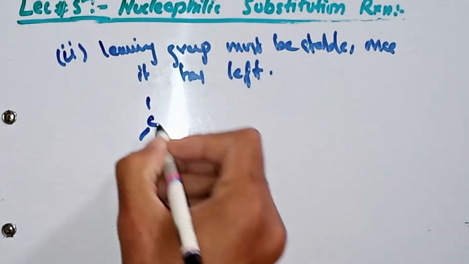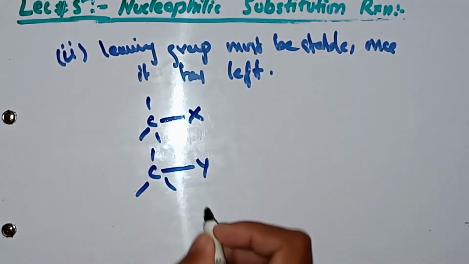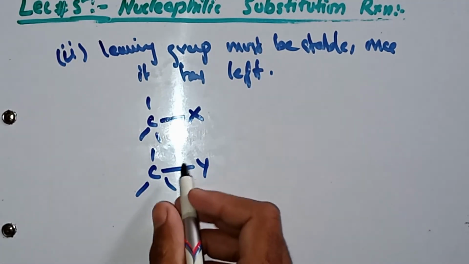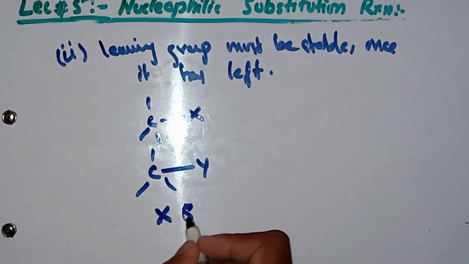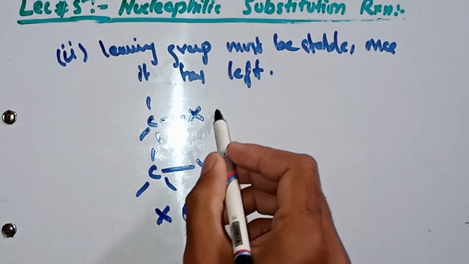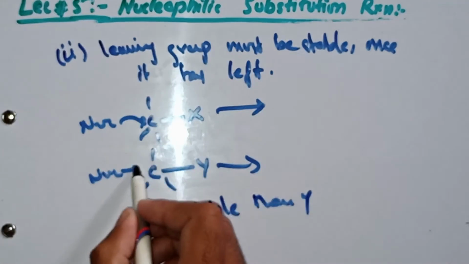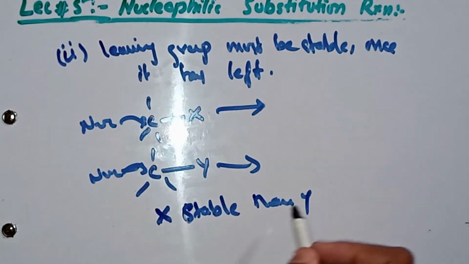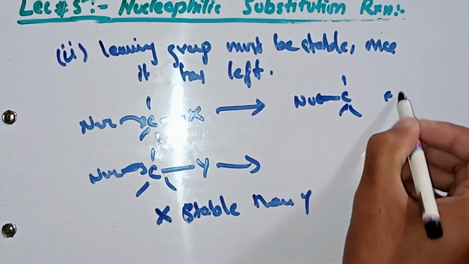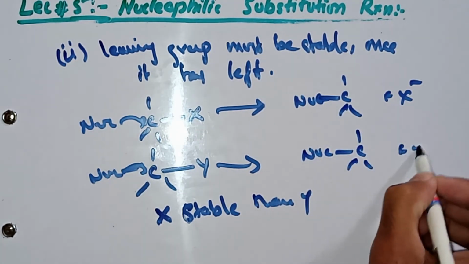Let's suppose this is one leaving group called X, and this is another leaving group called Y. Let's suppose X is a stronger, more stable leaving group than Y. When the nucleophile attacks in both cases, the X will be more stable than Y. So we have nucleophile-C plus X negative, and nucleophile-C plus Y negative.